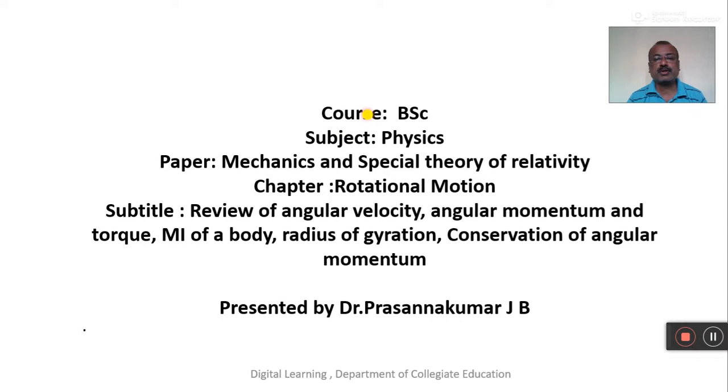The course is BSc, subject physics, paper mechanics and special theory of relativity, chapter rotational motion, subtitle review of angular velocity, angular momentum and torque, moment of inertia of a body, radius of gyration, conservation of angular momentum.